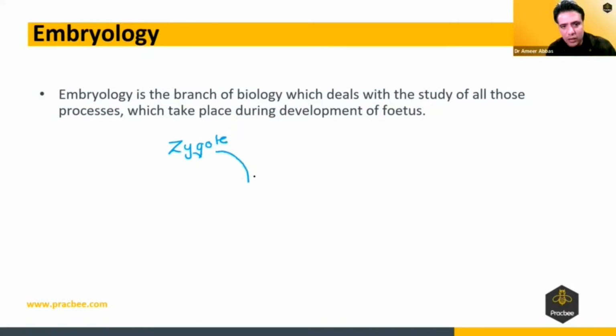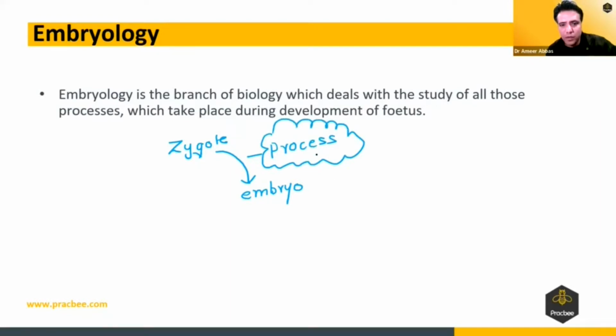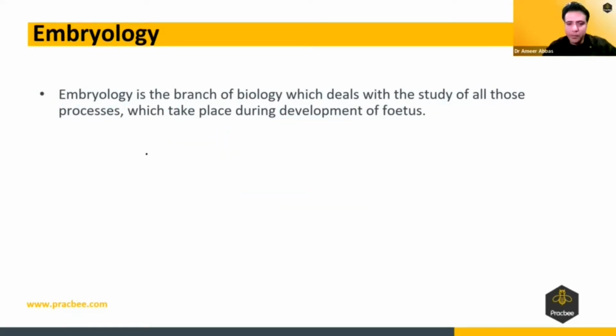Zygote will develop into an embryo, and it will not happen instantly, not in a flash of a second. It will take a process. And the study of this process, the process of formation of the embryo, is known as embryology.